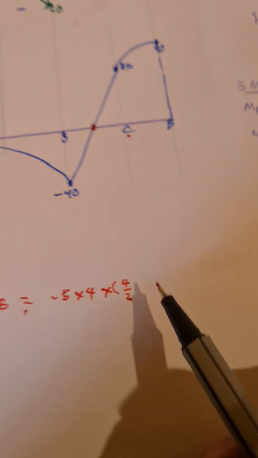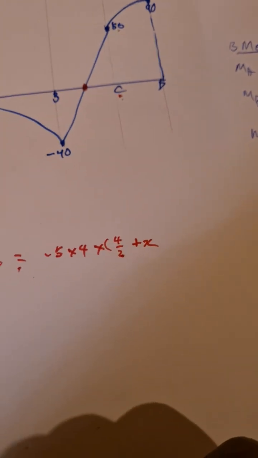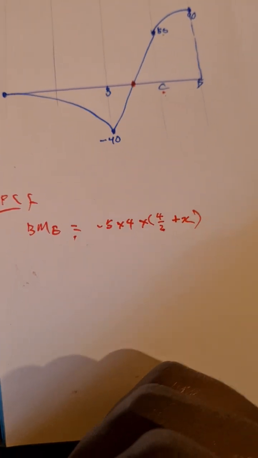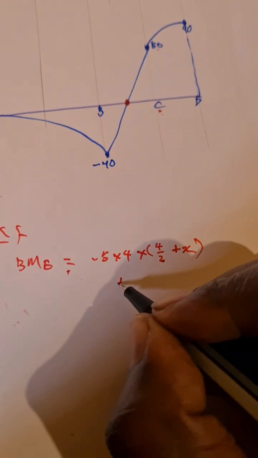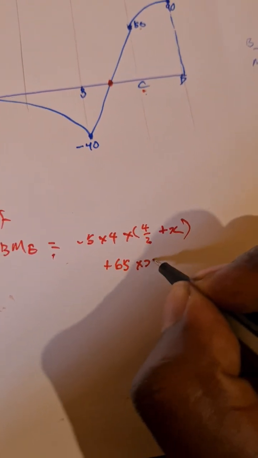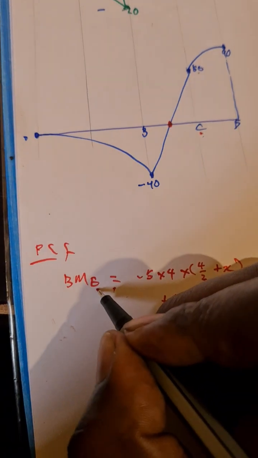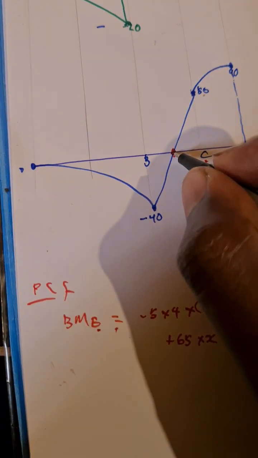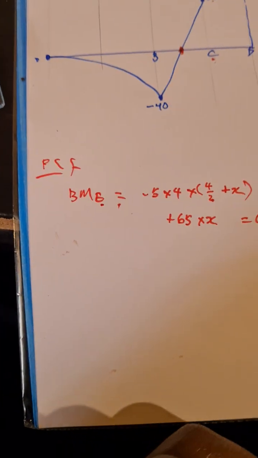So it's gonna be 4 over 2 plus X, right? Close the bracket. And then we have another force plus 65 times X. We don't know X, right? Remember, bending moment at E is what? From the graph, it's 0. It's equal to 0.